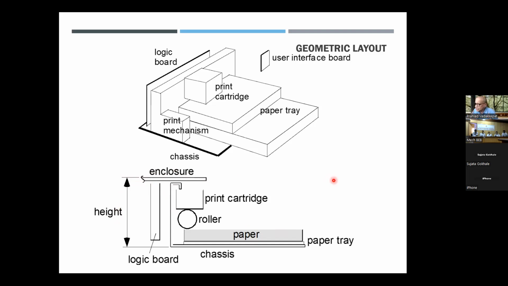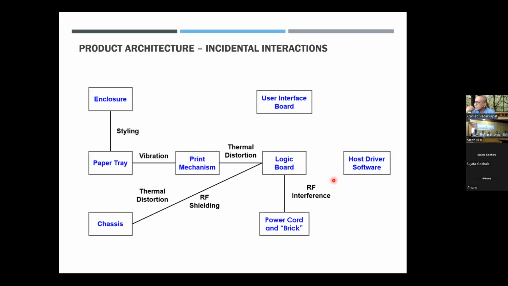So while it is operating, you have to be mindful of the variability of certain aspects in terms of space, components, or subsystems, and what the minimum and maximum required is. That is one aspect. Another is incidental interactions. You have the enclosure styling, the paper tray, vibrations will be there, print mechanism, thermal distortion.